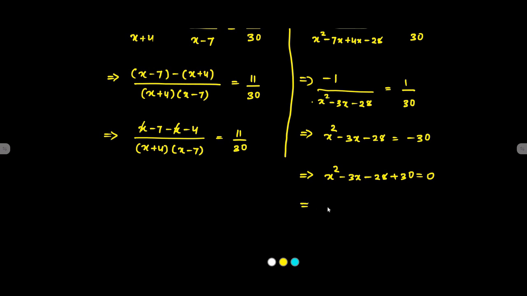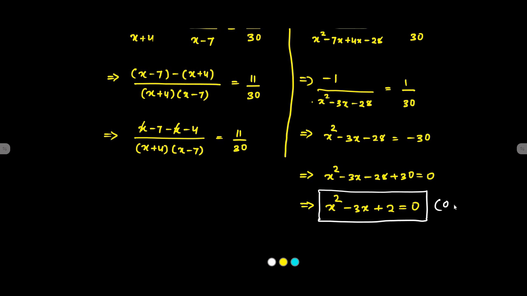That implies x square minus 3x plus 2 is equal to 0. This is the required quadratic equation, x square minus 3x plus 2 is equal to 0, which we have to solve.